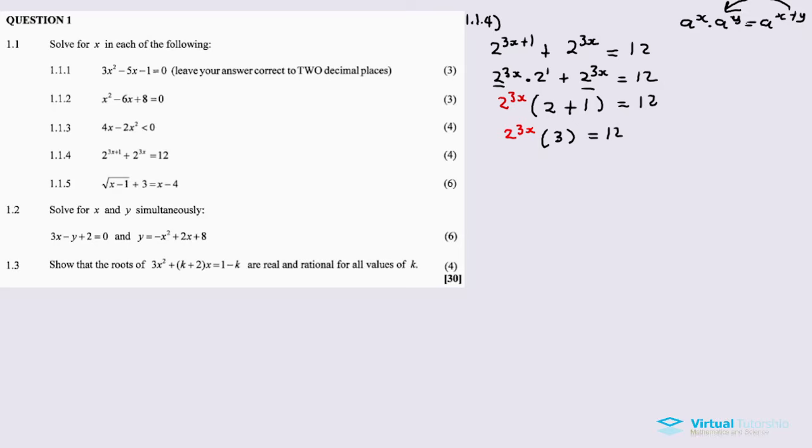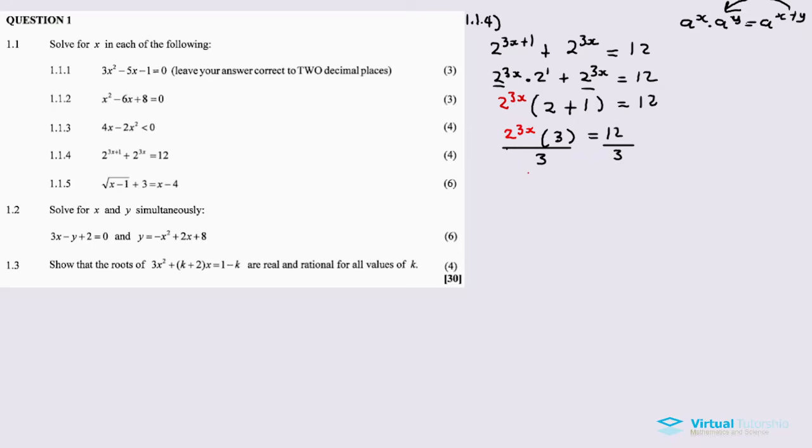Since this is an exponential equation, the power involving exponent x must stay on the left hand side. So here we divide by 3 on both sides so that I can leave the power with exponent x alone. So divide by 3 both sides.